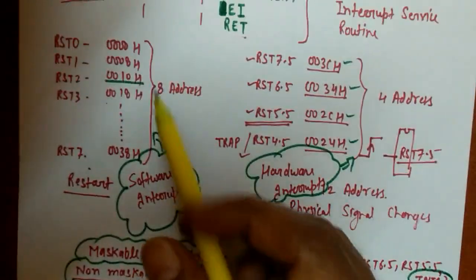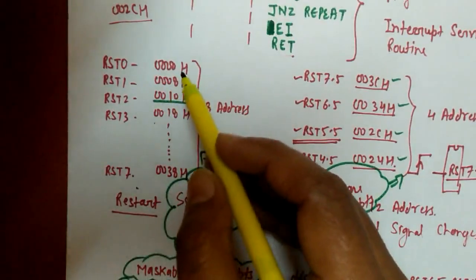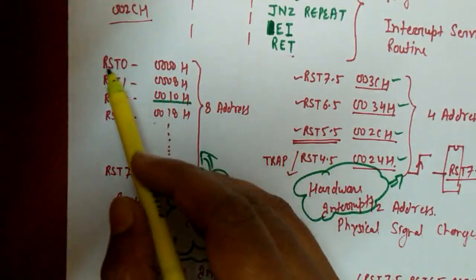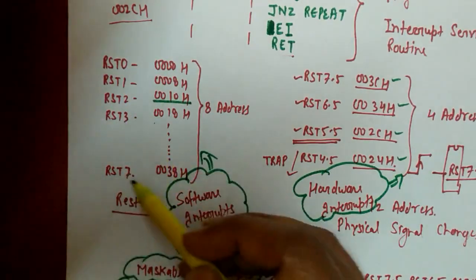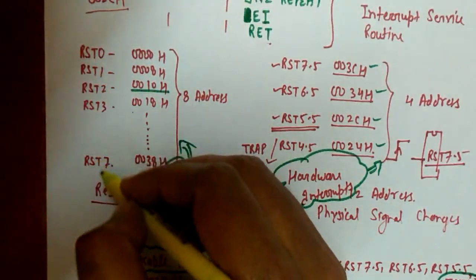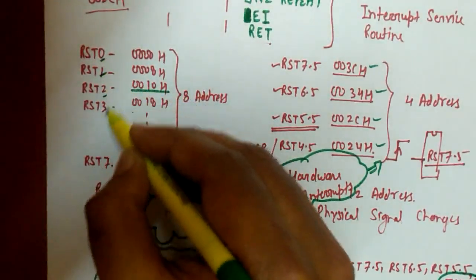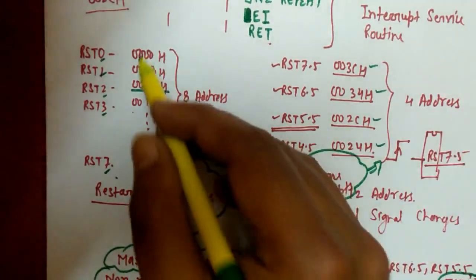Now one more thing about the addresses that I have written here: you may simply derive these addresses. That means, what will be the address for RST0, RST3 or RST7? The simple thing is that you have to multiply the number with 8 and then convert it into hexadecimal, and you will get these addresses.